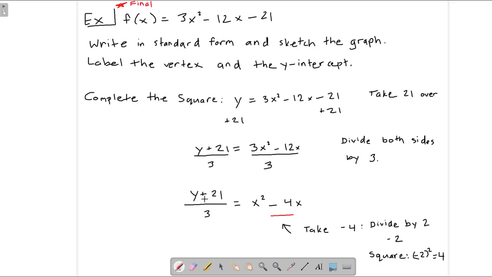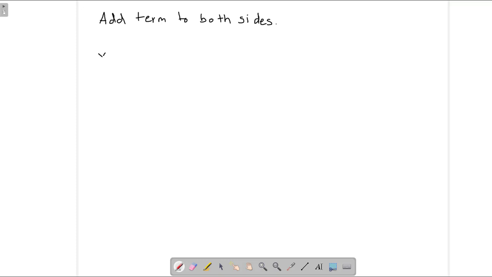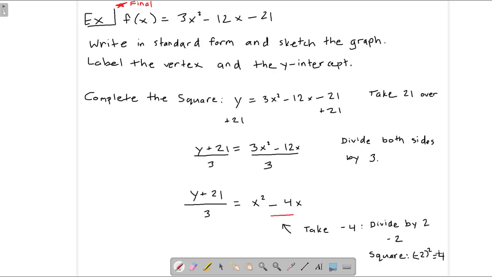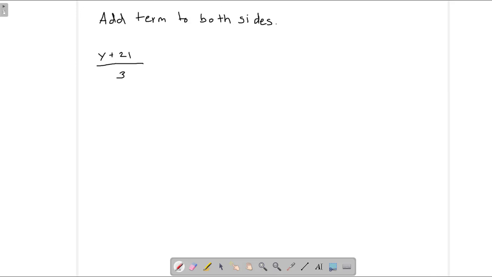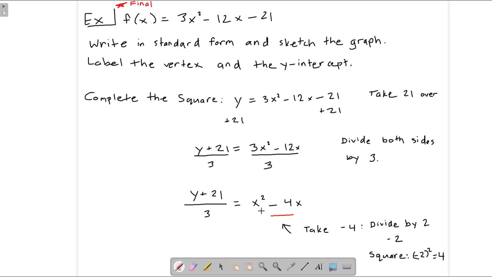So my left-hand side was y plus 21 over 3. And I have to add this 4 that I computed. Do it in red, plus 4. And then back to the other side, I had x squared minus 4x.